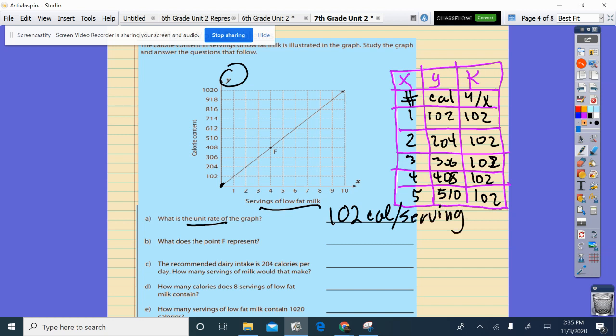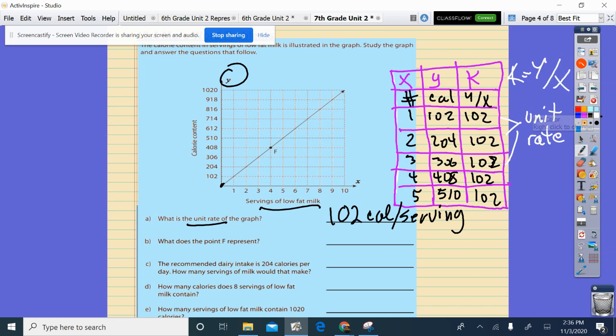So that's how I can write that. That's my unit rate, or my constant, 102. These, like I said, also represent the unit rate. K equals Y divided by X.